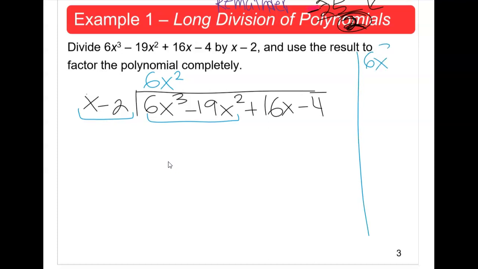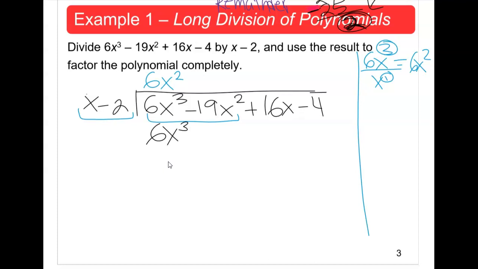So if you have 6x cubed and you divide by x, it will be a 6, and then you subtract the exponent, so that's why it's 6x squared.